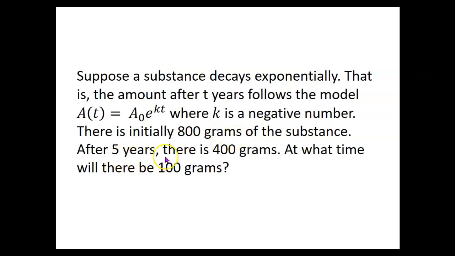After 5 years, there is 400 grams. So that's telling you that after 5 years, when t is 5, the amount A of 5 should be equal to 400. And then the question is, at what time will there be 100 grams?